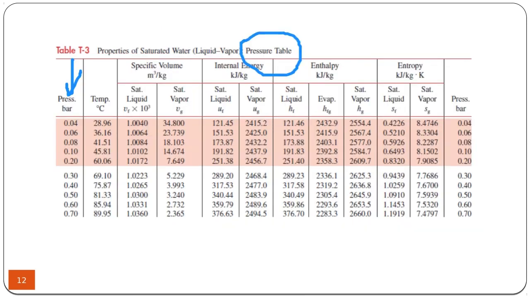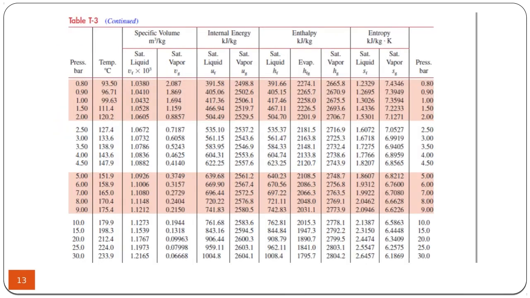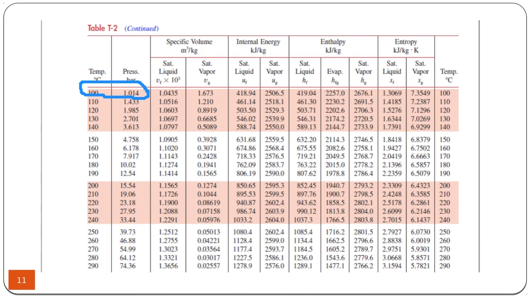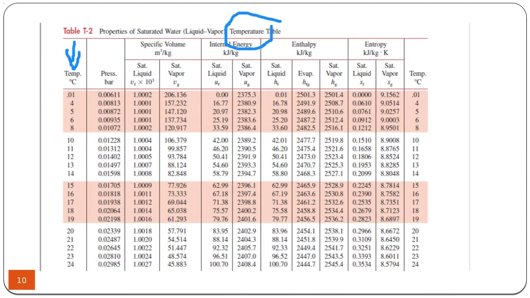Or for the pressure table, if you go to the pressure of 1 bar, which is a little bit different from atmospheric but very close, you get a saturation temperature of almost 100. So depending on what you are given, you can use either the pressure table or the temperature table. Suppose that you are given a temperature.